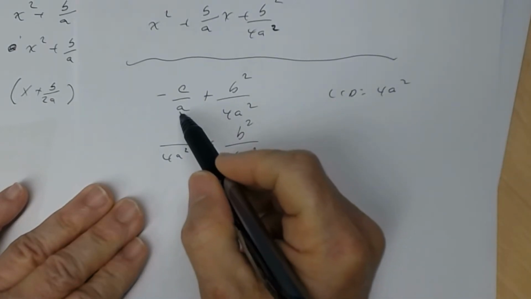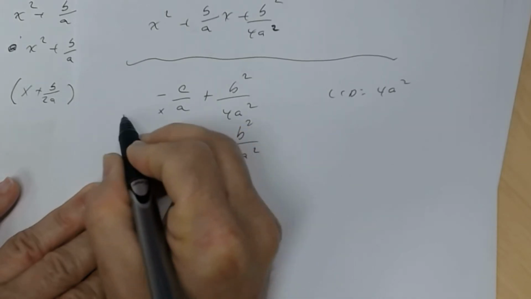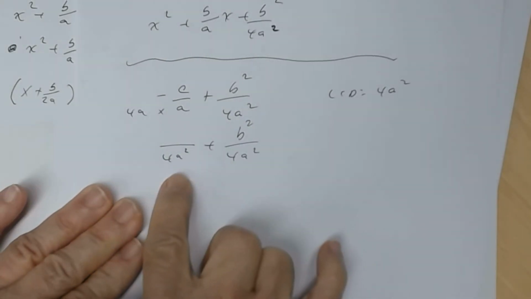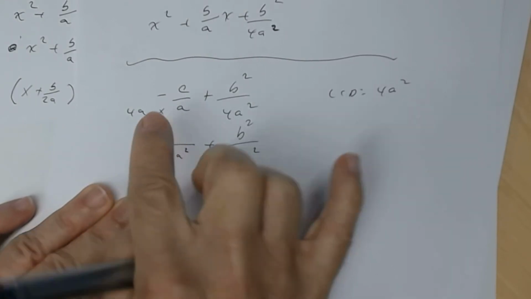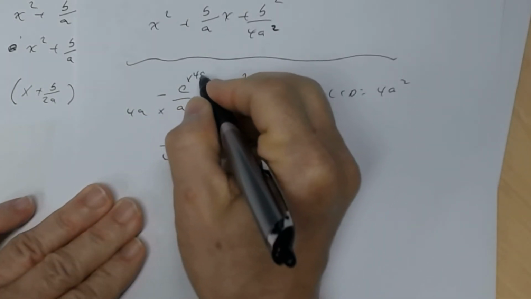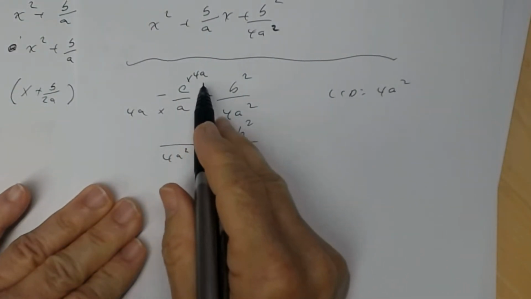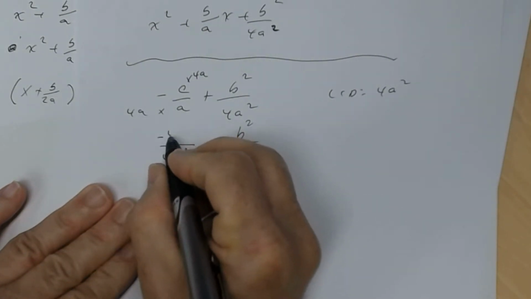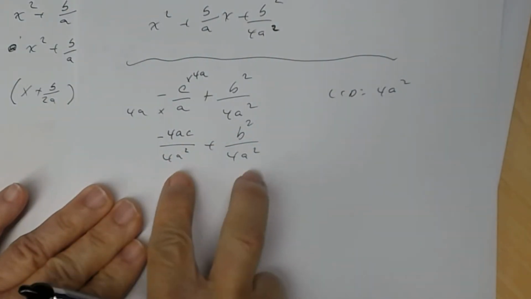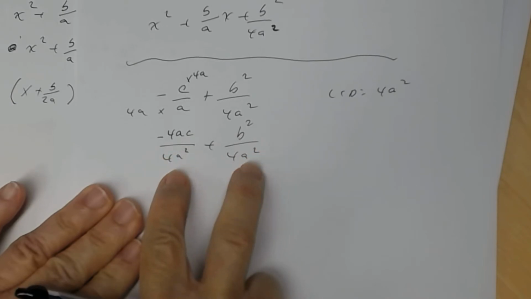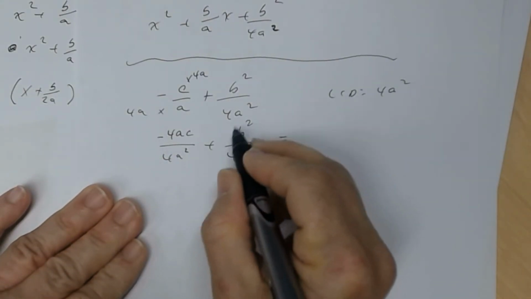Over here, though, I have an a, and I want 4a squared. So I have to multiply a by 4a to get 4a squared. So a times a is a squared. But what I do to the denominator, I have to do to the numerator. And so now negative c times 4a becomes negative 4ac. Now I can write this as one fraction since the denominators are the same, and I'm going to put this term first.